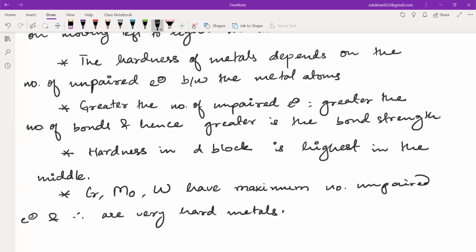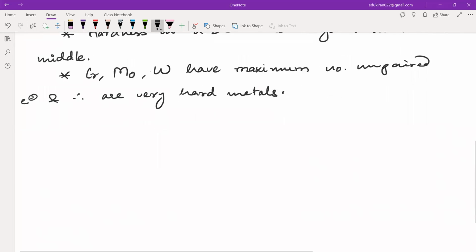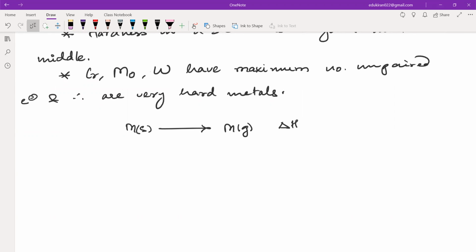Okay. Now those metals which are very hard. So let us say that from M solid you are converting into M gas. So this is the enthalpy of atomization. Now those metals which are hard, their enthalpy of atomization will also be very high, right?